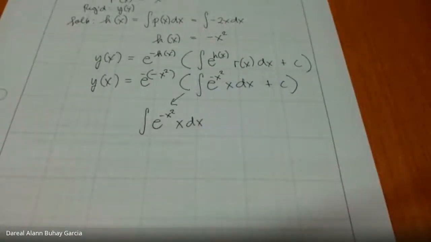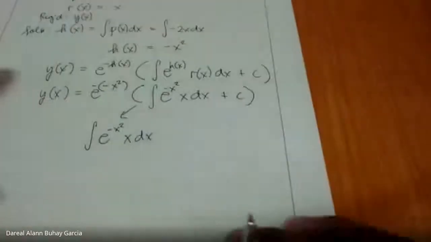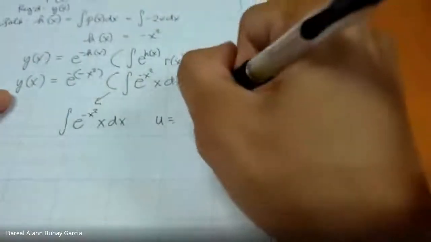It's obviously what? Substitution by parts? U. Okay, very good. U substitution. So what's our u? U is negative x squared.